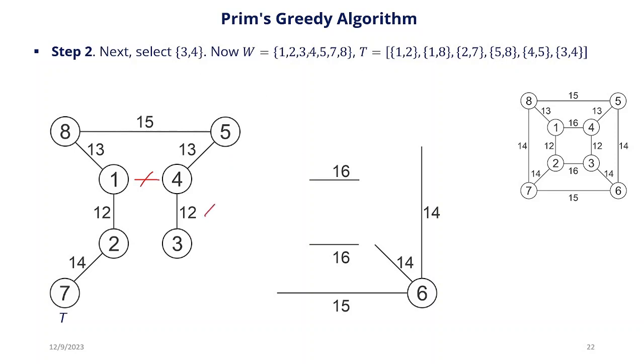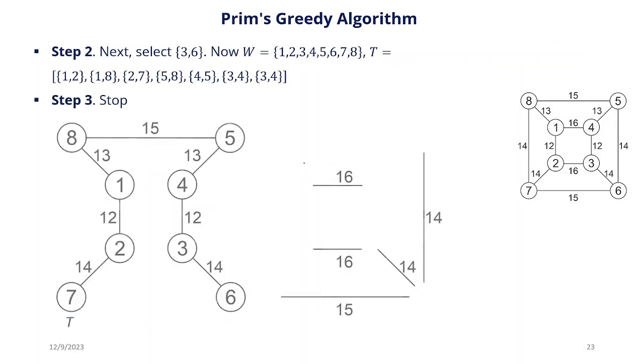So we have now included 3 in the list, and then we have 3, 4 in the list of edges in the spanning tree. So we are left with one choice, and if that last choice does not form a cycle, we are going to select it. So we select the last choice, which is 3 and 6, and then it's complete. We stop the algorithm because we know that every one of the vertices has been selected.